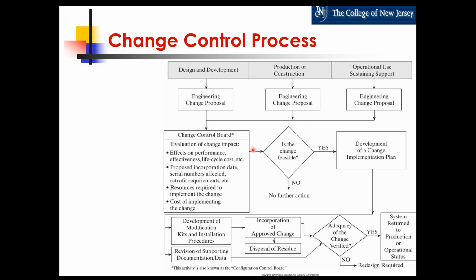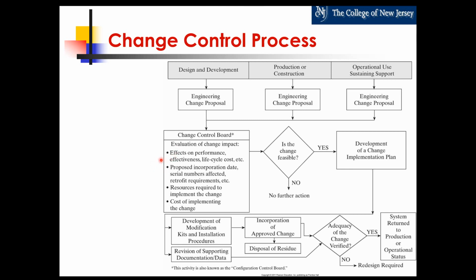So if there is a change proposed at this point or at any time, there is going to be this, it's called a change control board, but essentially it has to go into a number of people or process or system that evaluates the change for its impact. And again, these are some of the things that may be looked at, but what are the effects on performance?